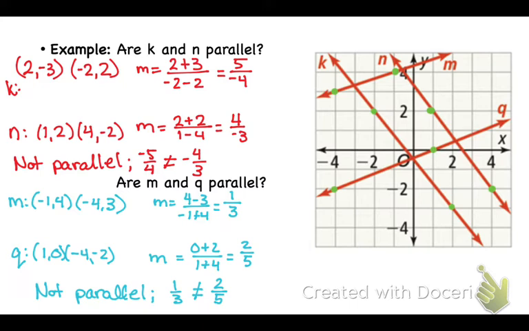Did you calculate your slopes right? Well, it's right there on the board. Did you get 1/3 and 2/5? No. What'd you do different? Okay, you could have taken 3 minus 4 over negative 4 plus 1.